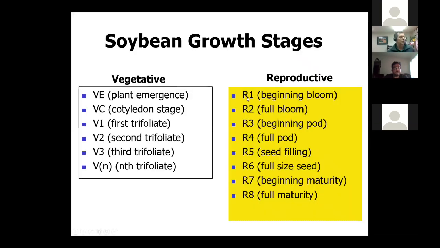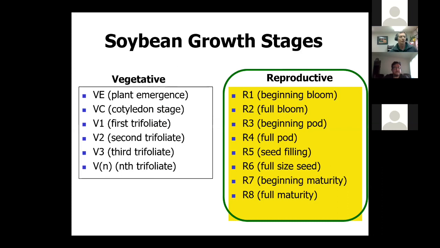All right, so let's move on to the reproductive stage. And so with the reproductive stage, I think of this as every odd number, like R1, R3, et cetera, is the start of something new happening with the plant. And then, of course, in general, in the reproductive stage, our emphasis is moving away from agronomy more on plant protection.